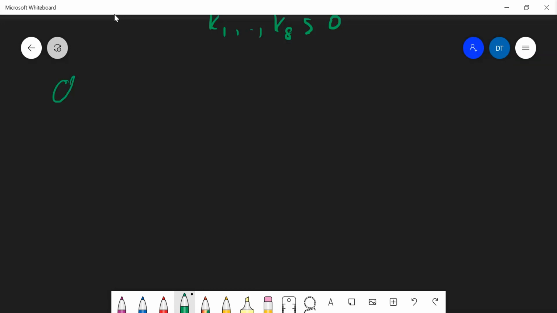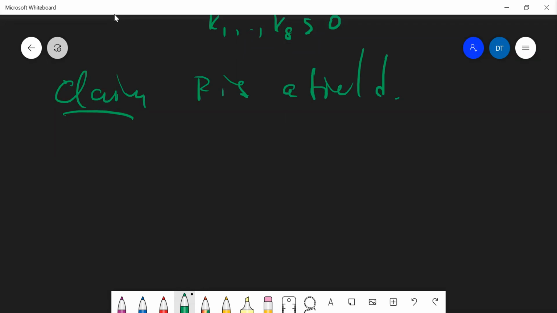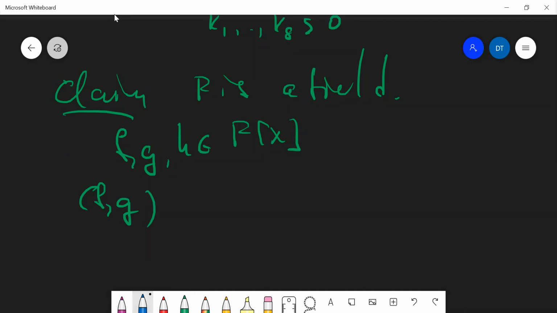So let me formulate something like this. Claim: suppose F is a field, and we have three polynomials f, g, and h. Let me denote GCD by these parentheses, just using the same notation as for integers.